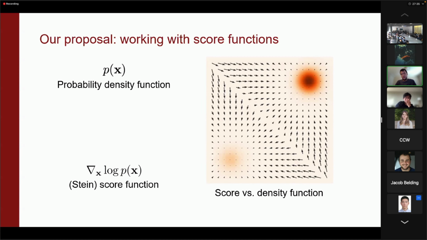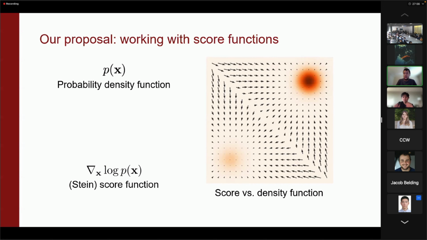If you think about it in 2D, a probability density function corresponding to, let's say, a mixture of two Gaussians would look like this density plot that I have on the left. The score function is the function that you get by taking the gradient of the density at every point.